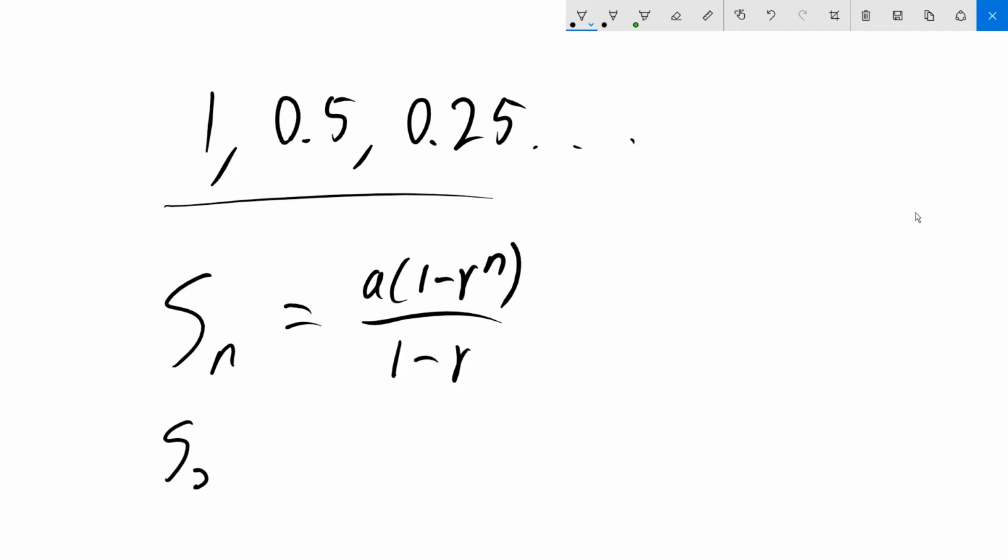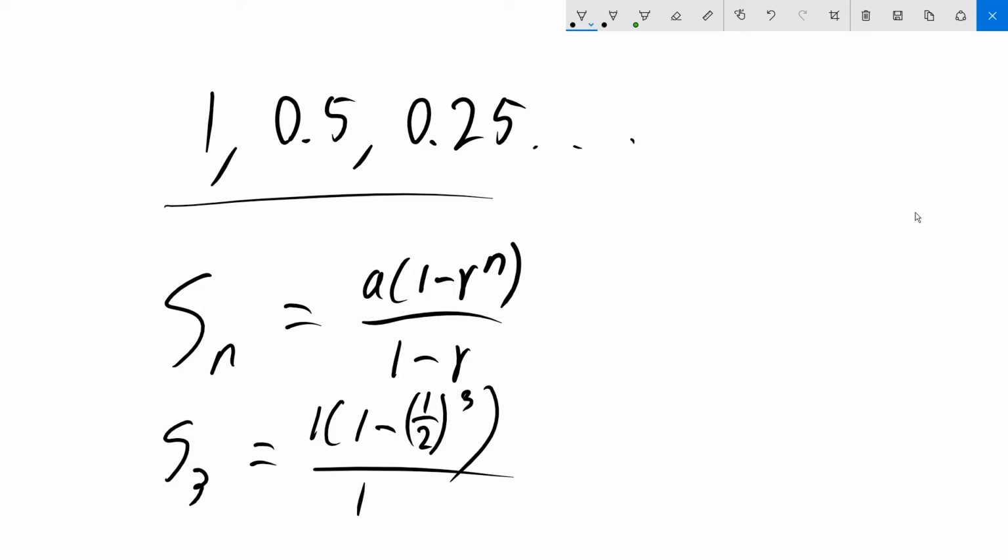So S3 is equal to our first term, 1, lots of 1 minus our rate, which is a half, to the power of 3, over 1 minus a half.